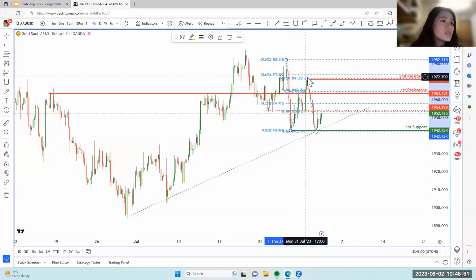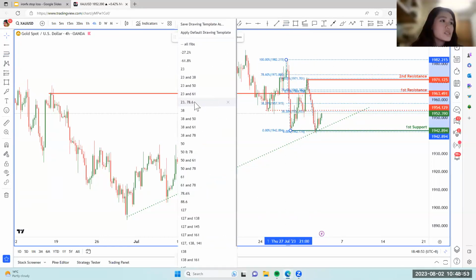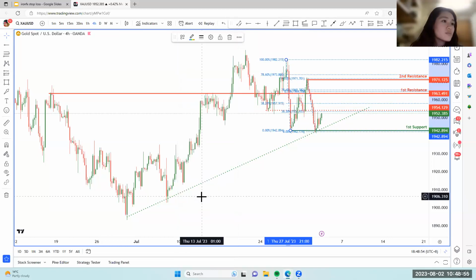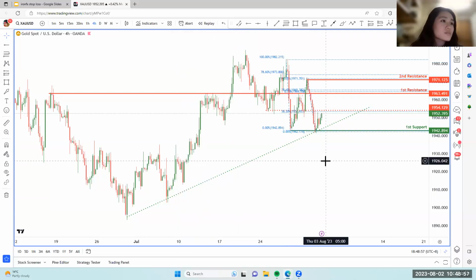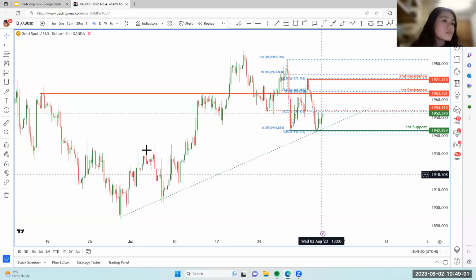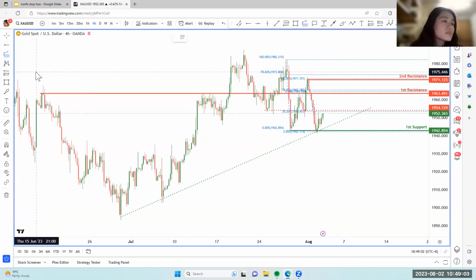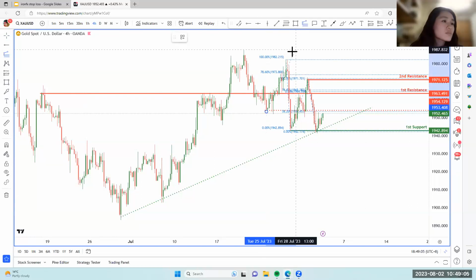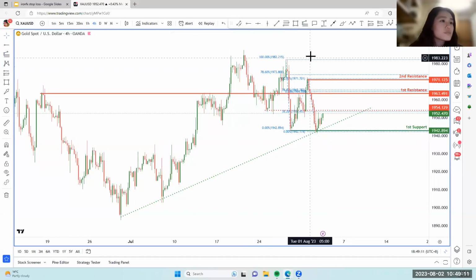My 78.6 also lines up with my second resistance. Yeah, I think that's about it.